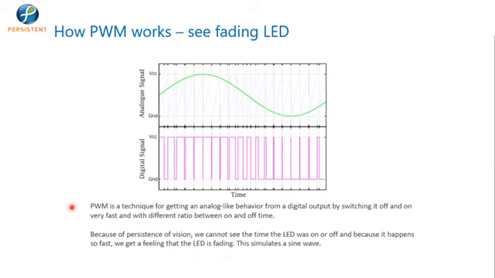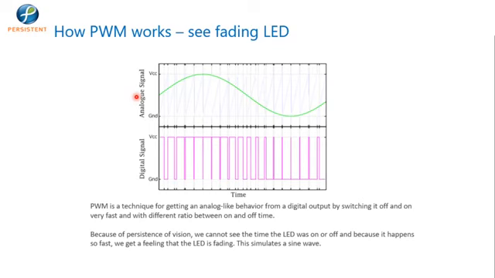Because it happens so fast, we get a feeling that the LED is fading. This gives us the simulation of a sine wave. So actually we are talking about a digital signal only, a kind of square wave, 0 and high voltage, from which we are trying to get a simulated analog signal output.